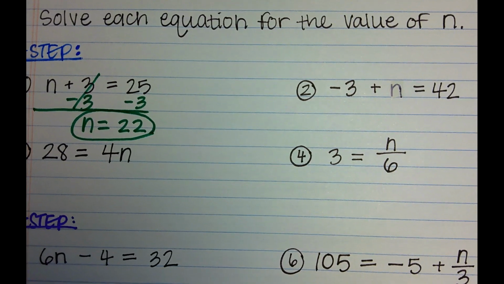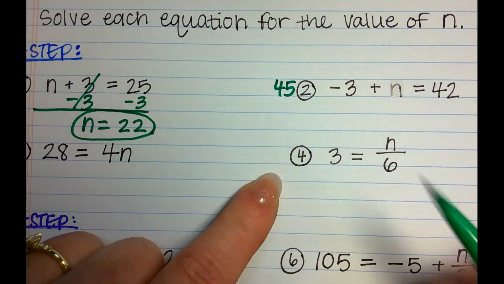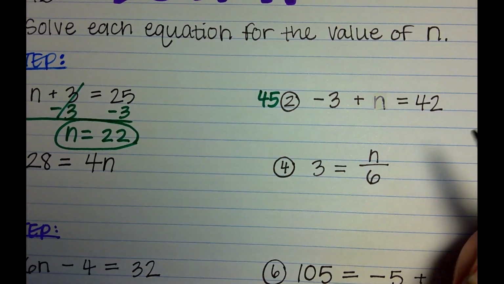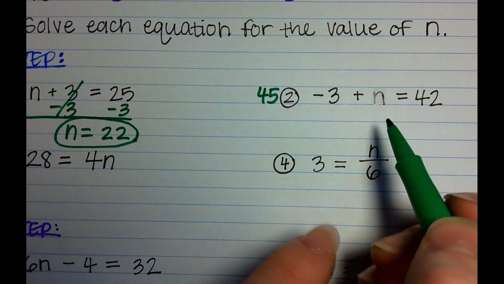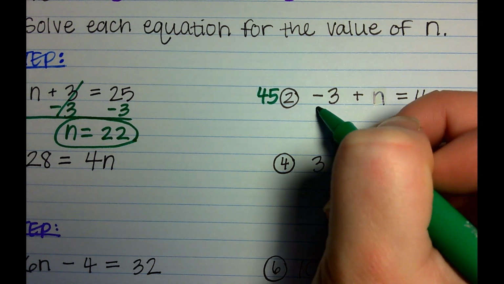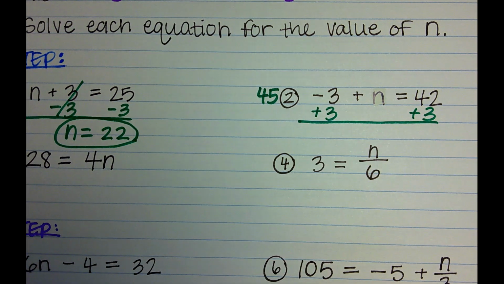Okay, let's look at number 2. What did you guys get for number 2? 45. 45. Anything different? Everybody got 45? Good. Okay, so I have negative 3 plus n equals 42. I want to get rid of my negative 3, get n by itself. We're going to add 3 to both sides.